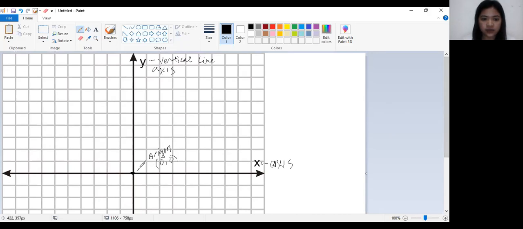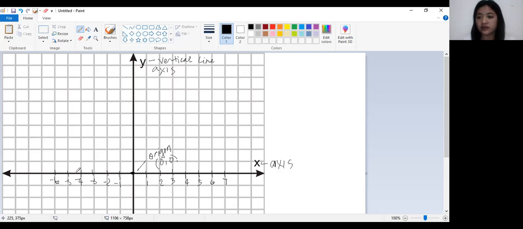Okay, and from the origin 0, going to the right, we have positive 1, 2, 3, 4, 5, 6, 7, and so on. So, going to the left, negative 1 tayo, same sa number line, negative 2, negative 3, negative 4, negative 5, and negative 6.